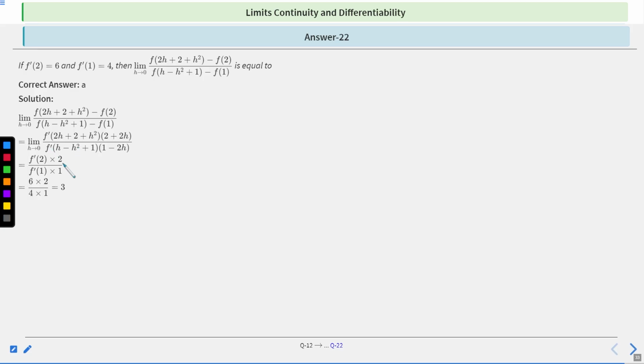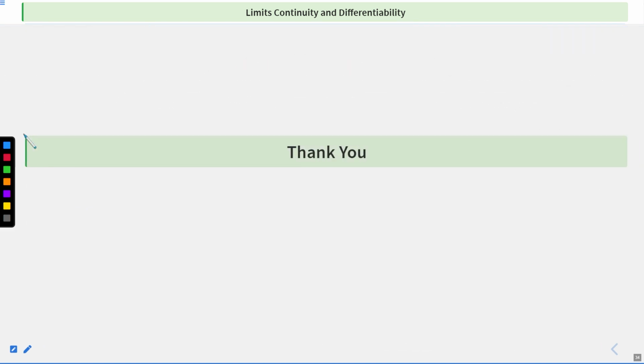Again, we can differentiate, which will be equal to f dash 2 into 2 upon f dash 1. After putting h equal to 0, you get f dash 2 into 2 upon f dash 1 into 1, right? So f dash 2 is 6 and f dash 1 is 4. After putting this, you will get the answer as 3. Clear? So I think option A is the right choice. Okay, thank you.